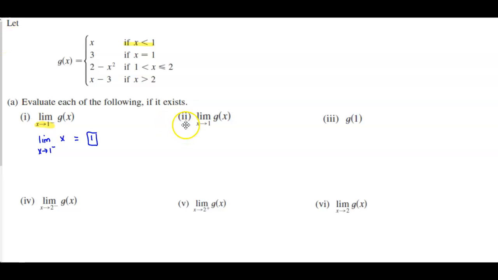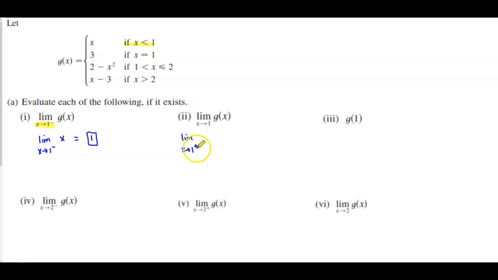Okay, for part 2, we want to find the limit of the function g of x as x is approaching 1. From the first part, we've already found the limit as x is approaching 1 from the left to be equal to 1. So we first need to find the limit as x approaches 1 from the right. Again, we need to look at our restrictions.